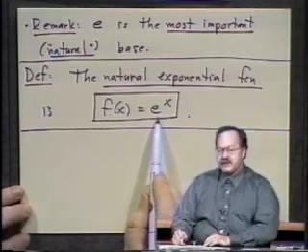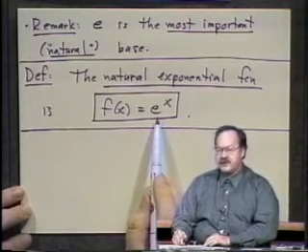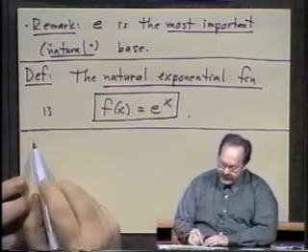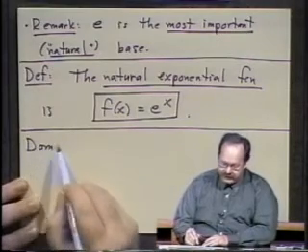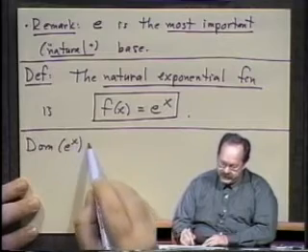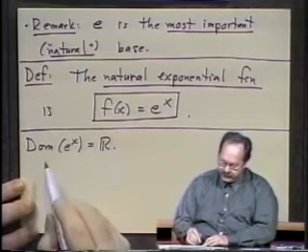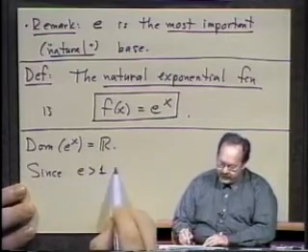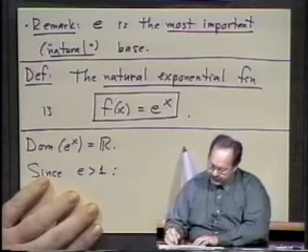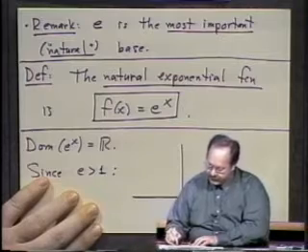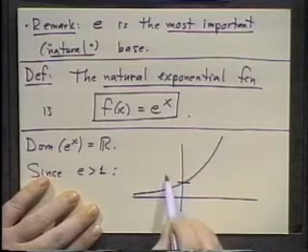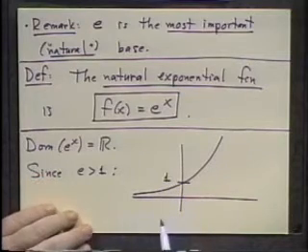Well, e is about 2.71, so it's bigger than 1, which means its graph is going to follow the pattern of that class. The domain of e^x is all real numbers, and since e is greater than 1, its graph is going to resemble the following. It starts low at the left and goes up to the right.